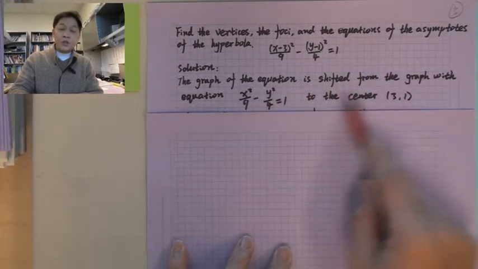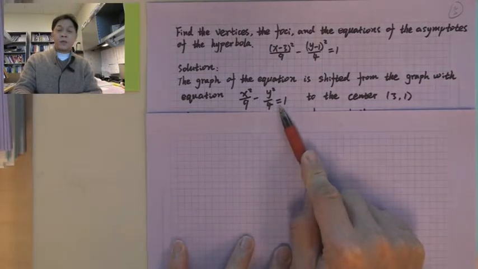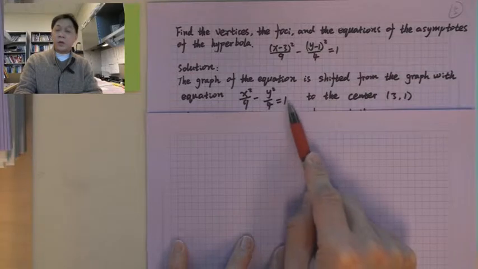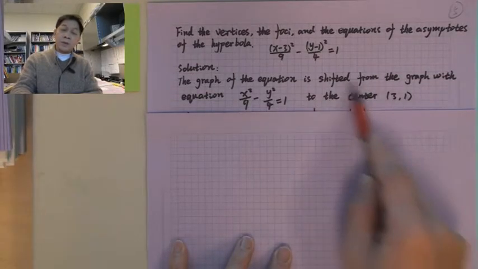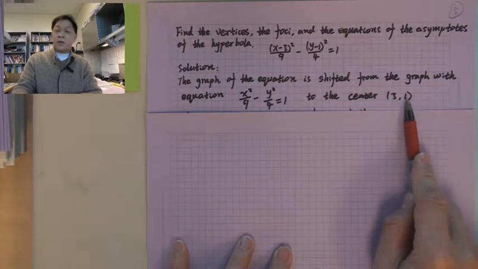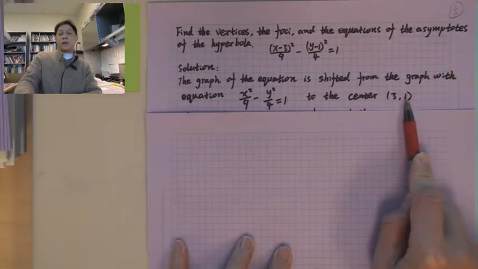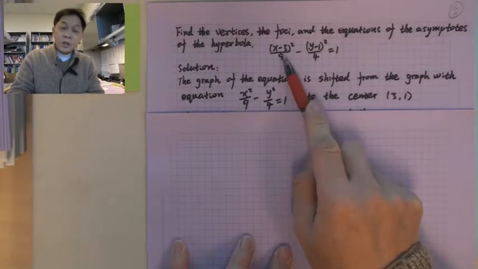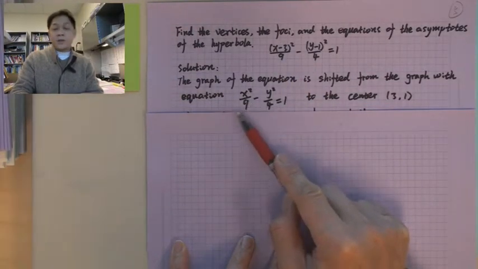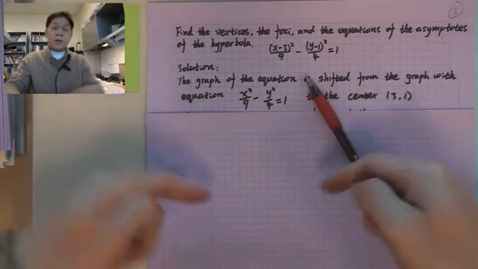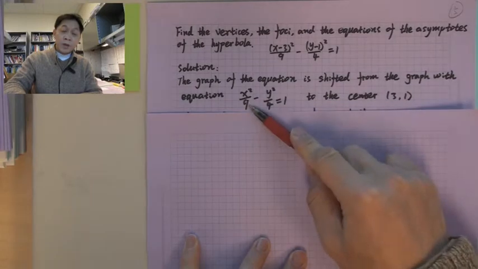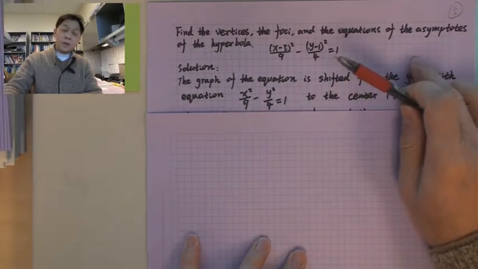This one is basically shifted from x squared over 9 minus y squared over 4 equals 1, to the center 3, 1. Minus 3, minus 1, so it's positive 3, positive 1. In which direction? You see, x squared is positive, so the two branches would be like this. A squared would be 9, b squared would be 4.